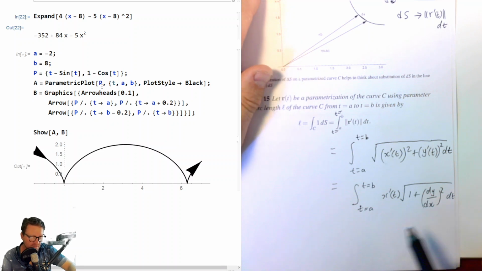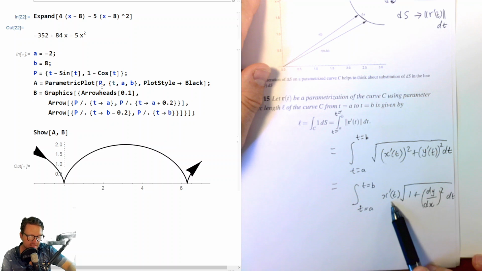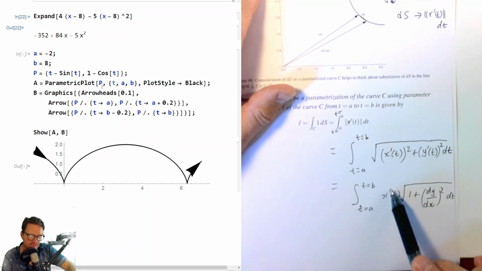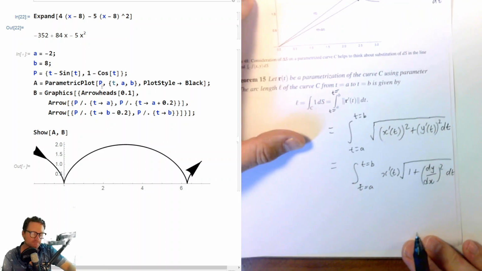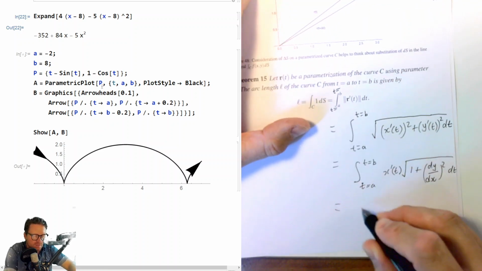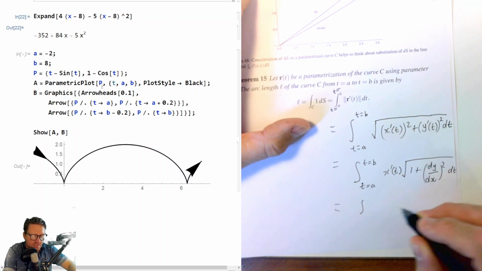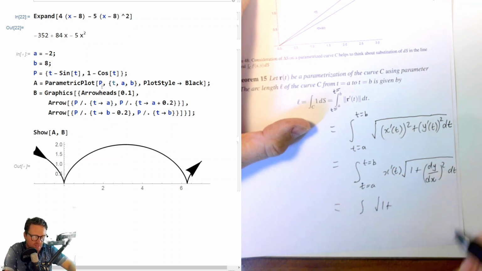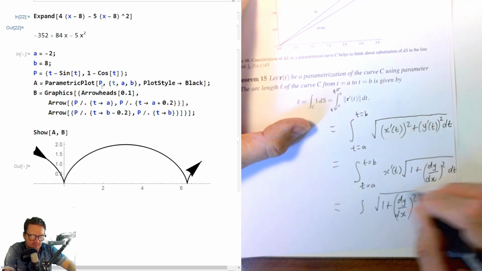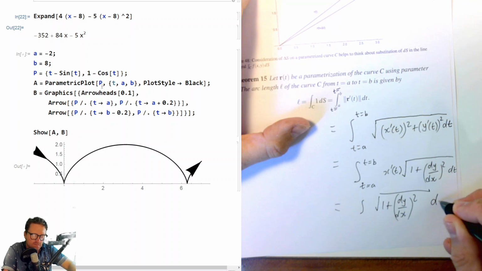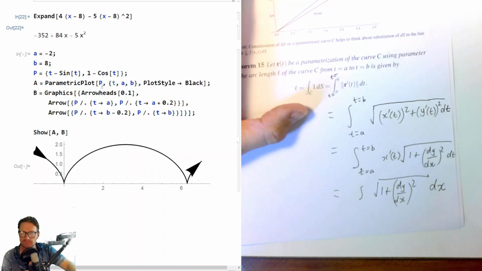But this is dx, because this is dx on dt, and so we can make the dt's go away. So we can write this as the integral of the square root of 1 plus dy on dx squared dx.